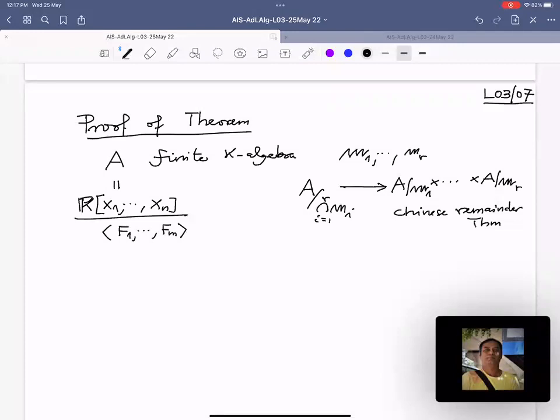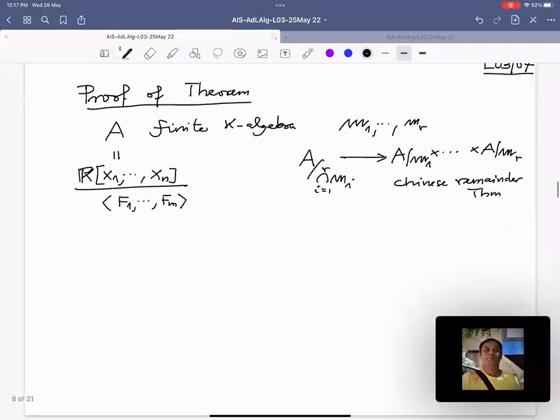So this will decompose A. And so these are the field extensions. These are fields and they all contain K, therefore these are field extensions.